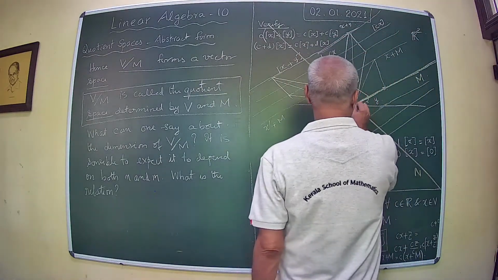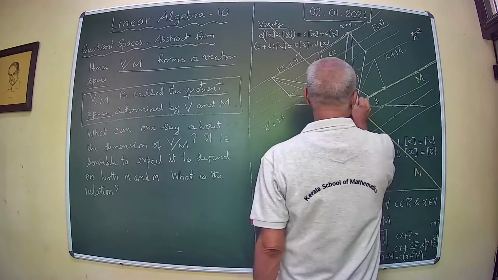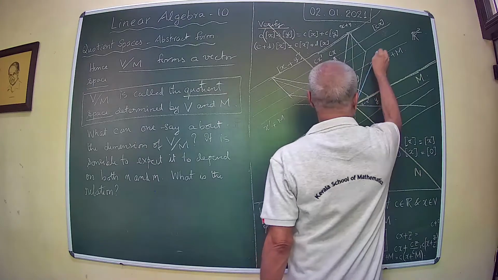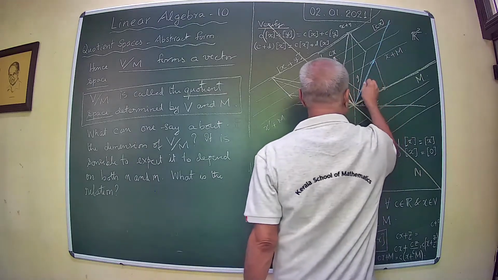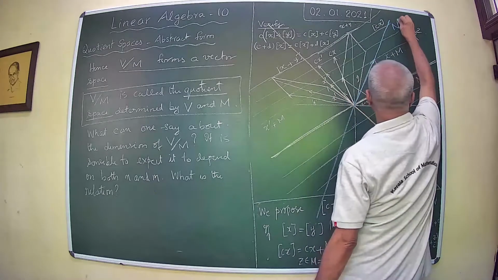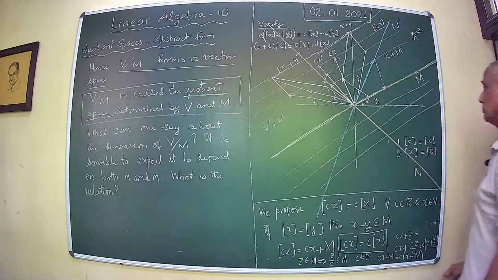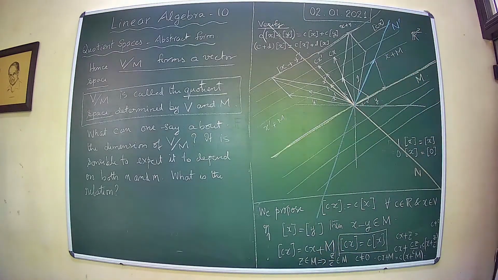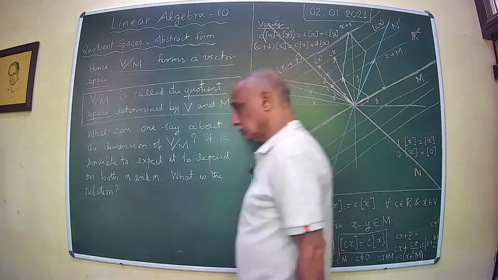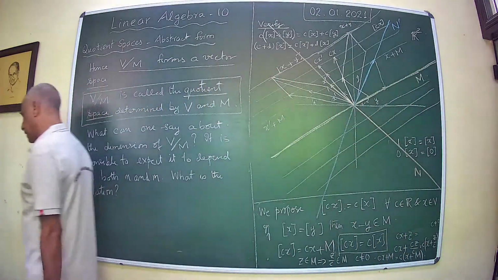Choose a vector here, and then the line generated. This is some N prime. N prime also has the property that M plus N is equal to M plus N prime, and it is equal to V.